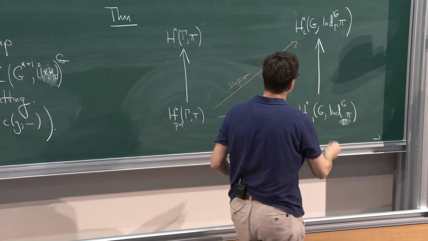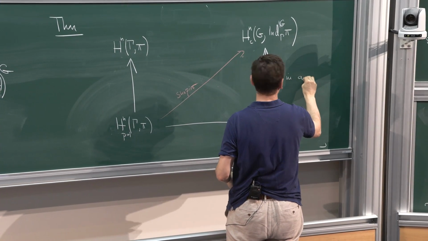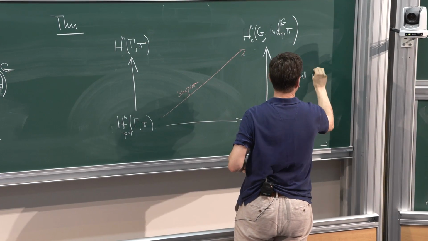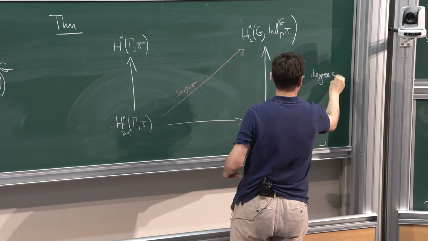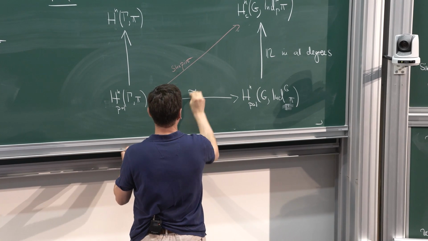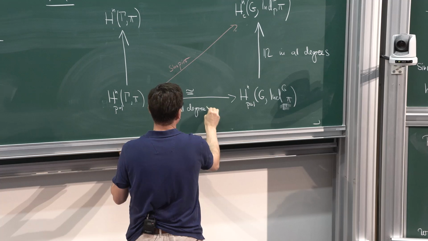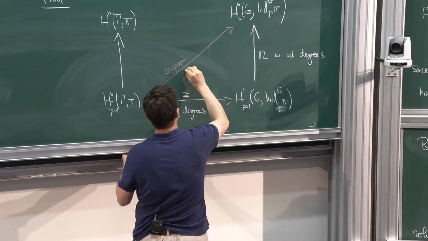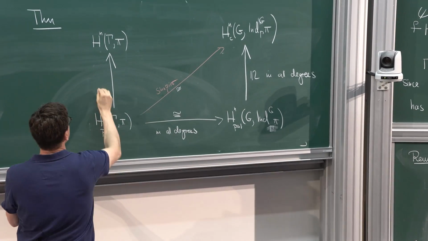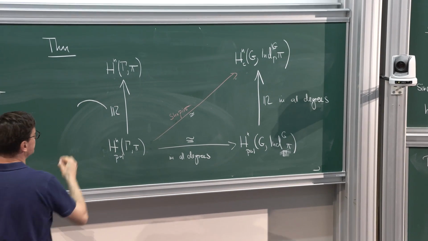So what can we say? This is an isomorphism in all degrees. That's part of the theorem here. In particular, this Shapiro is an isomorphism in all degrees. This is not an isomorphism in all degrees.